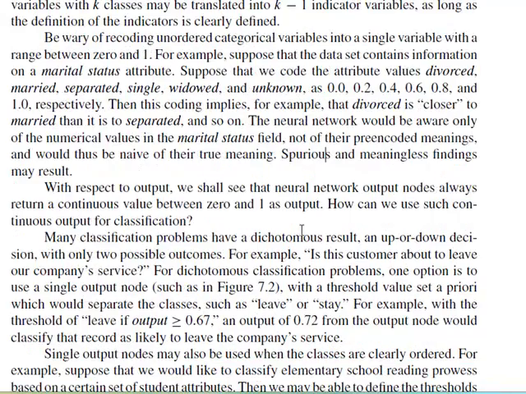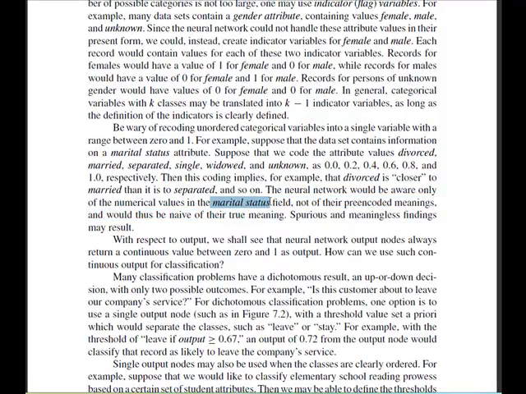So how would you handle marital status instead of doing it that way? We know that it has to be between 0 and 1. Well, we'd handle it just the way we did gender. In this case, marital status can take on how many different values? Divorced through unknown. So how many? 1, 2, 3, 4, 5, 6. So we need how many indicator variables? We'd need 5.